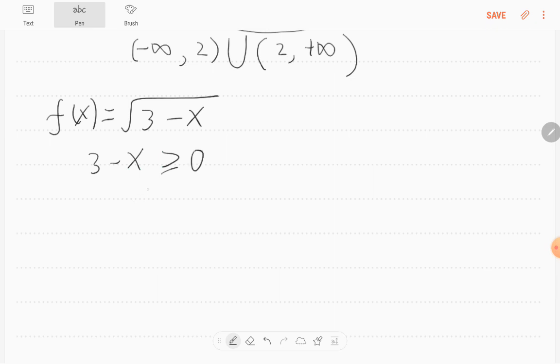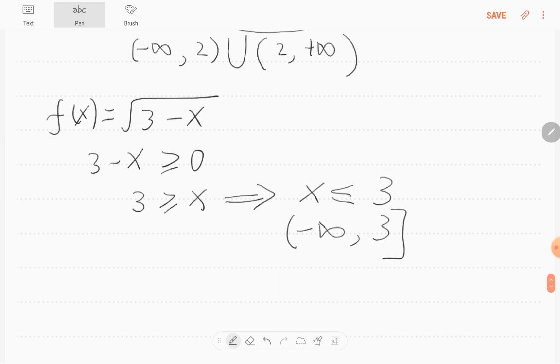So we add x, so 3 is greater than or equal to x. By our convention, we always write x on the left side: x is less than or equal to 3. In interval notation, it would be negative infinity to 3 with a bracket, because 3 is included.